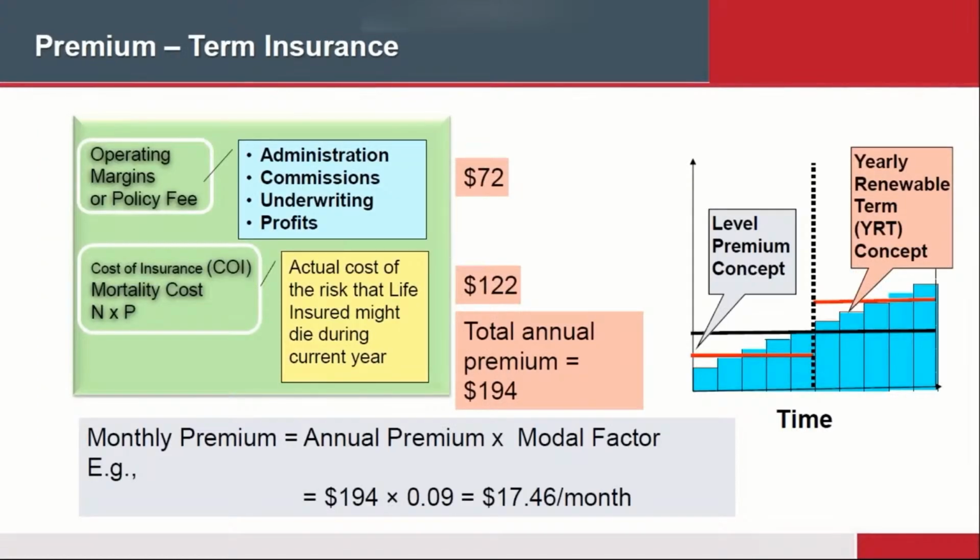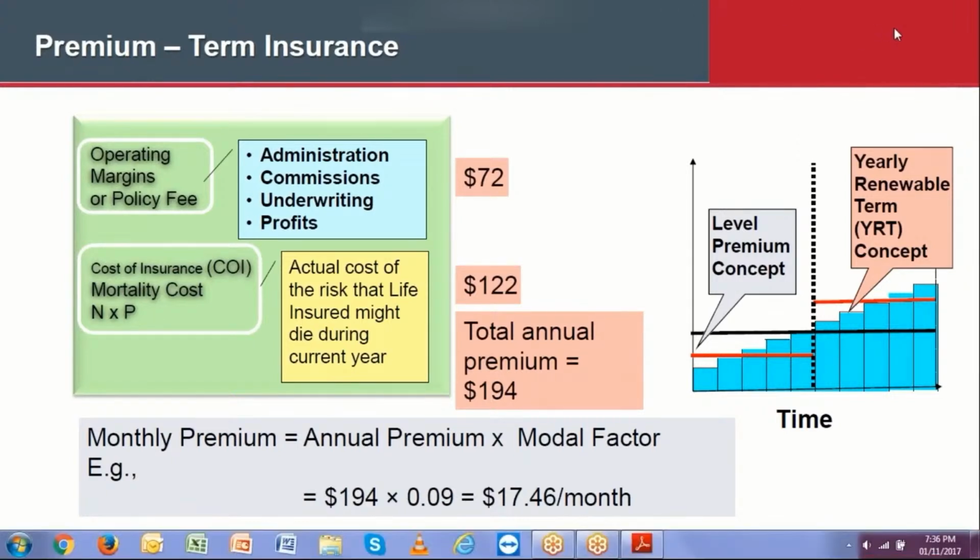So let's take a look at term insurance first. This is a product that, for younger people in particular, the vast majority of people will buy. The beautiful thing about term insurance is that it's relatively inexpensive.